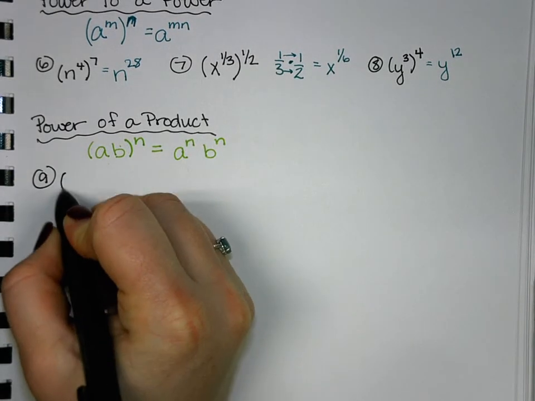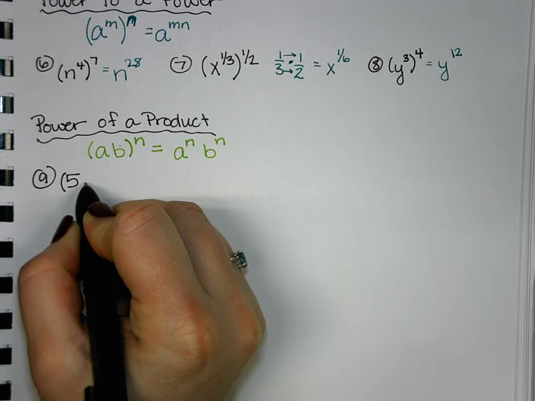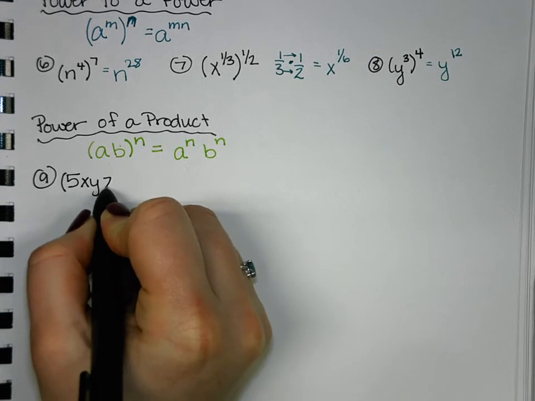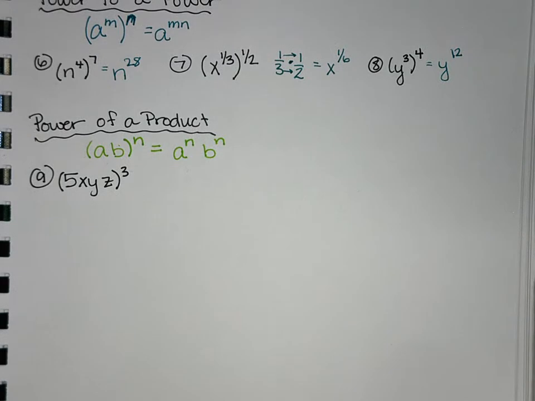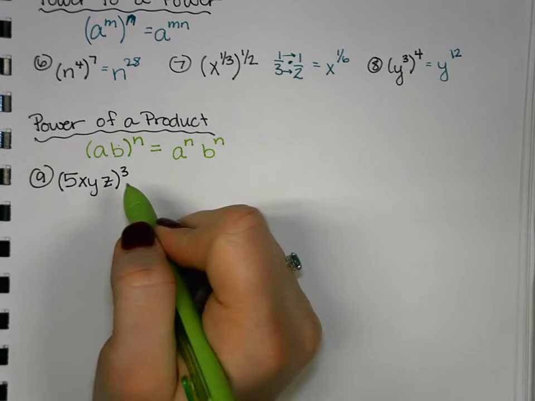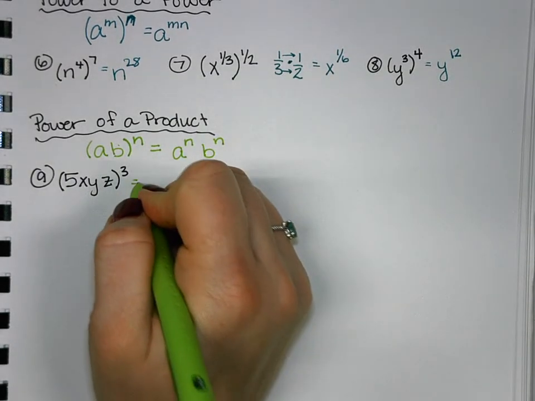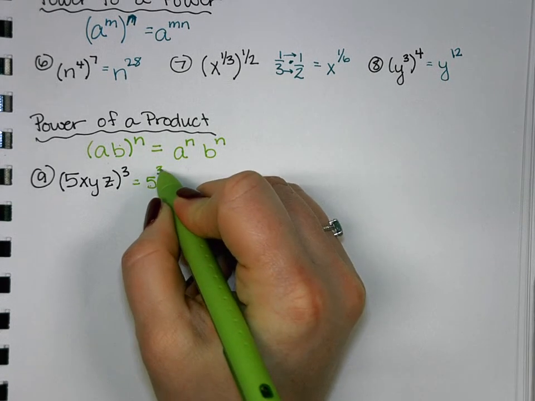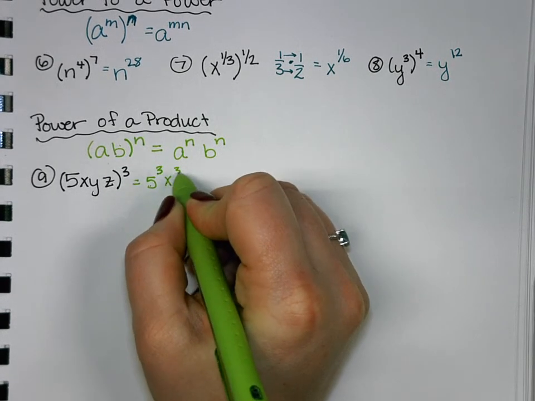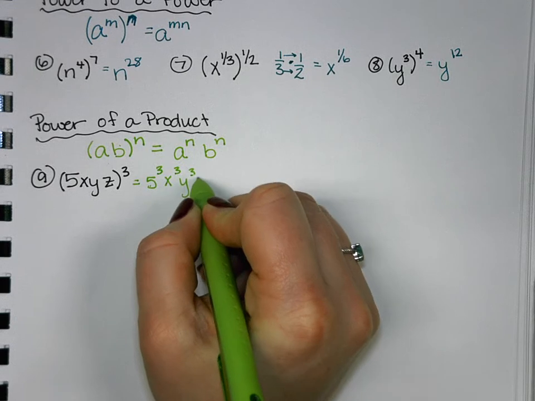So if we had 5xyz to the 3rd power, how can we simplify this? 5 to the 3rd, x to the 3rd, y to the 3rd, and z to the 3rd.